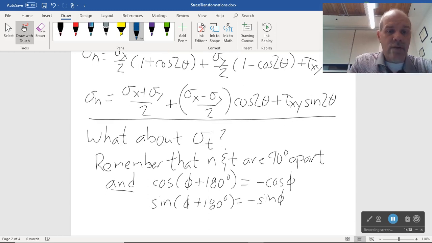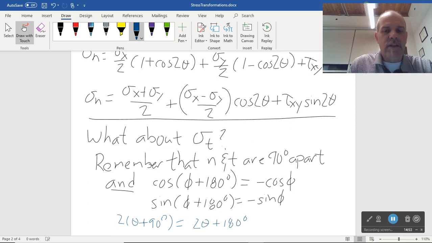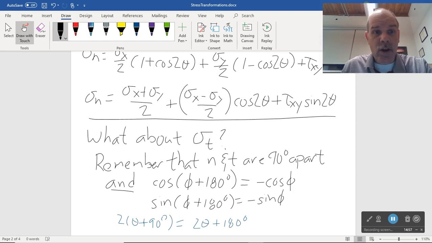I'll make a note over here. 2 times theta plus 90 degrees is going to equal 2 theta plus 180 degrees, right? Because that's going to be our angle of rotation, is going to be theta plus 90 degrees. So if I double it, I get 2 theta plus 180.